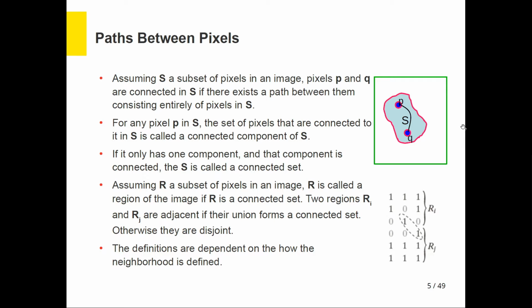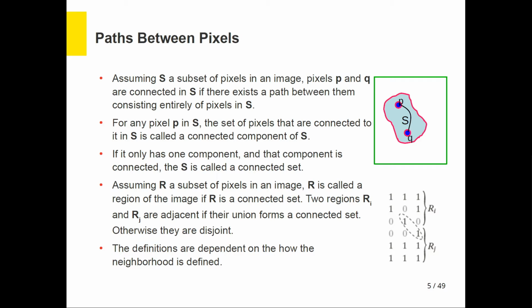For any pixel P in S, the set of pixels that are connected to it in S is called the connected component of S. So if it only has one component and that component is connected, the S is called the connected set. So you will see in the next slide how we can have multiple components in an image.